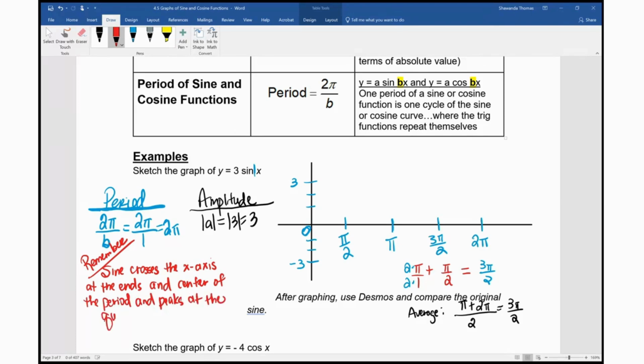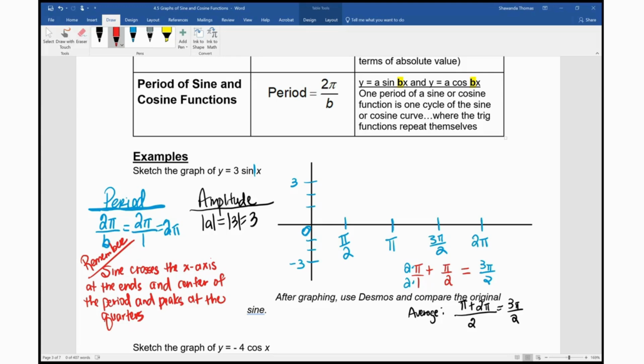Oh, okay. I thought you meant like the point. That's my bad. Whatever you said, you might have been right for what you thought I meant. All right, so sine crosses the x-axis.